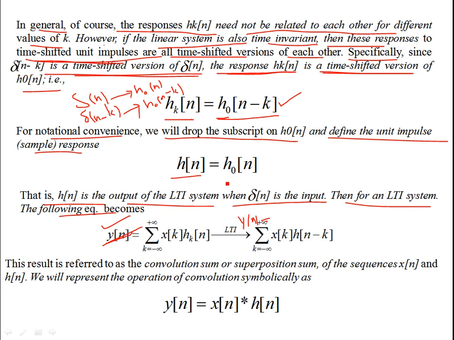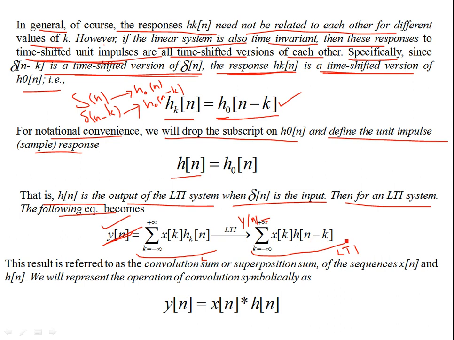This expression is true for general linear systems, but over here the response of the system is both linear and time invariant, which means that you lose this subscript, and then you understand that the system is time invariant, so you will have the response to the shifted impulses as h of n minus k.